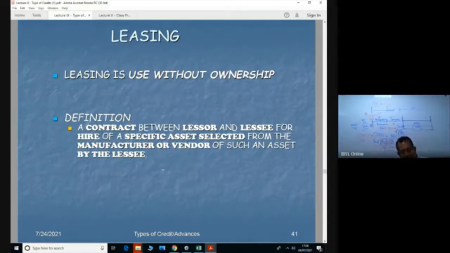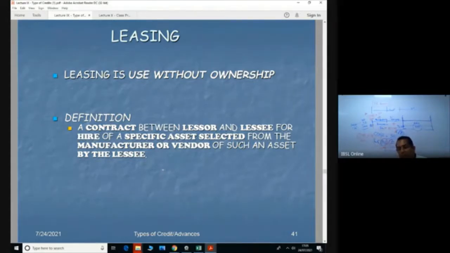Whereas on the financial lease, the lessee can't return it, because the bank purchased this good purely on behalf of him. But on the operational lease, the bank has purchased and we are allowing someone to use it.